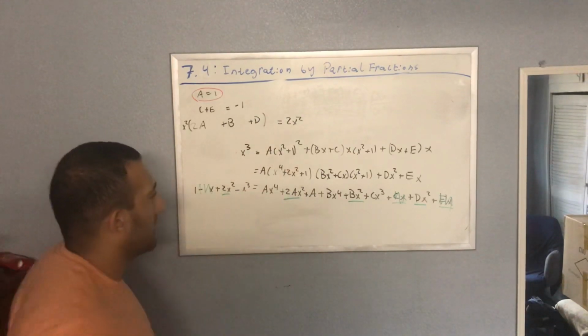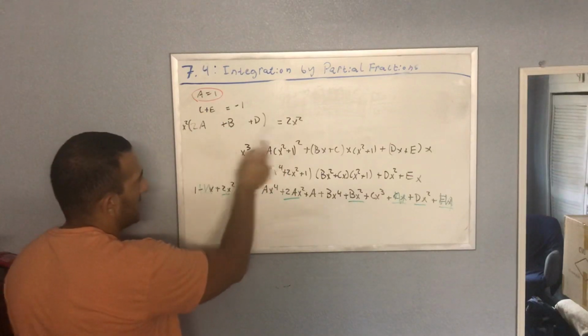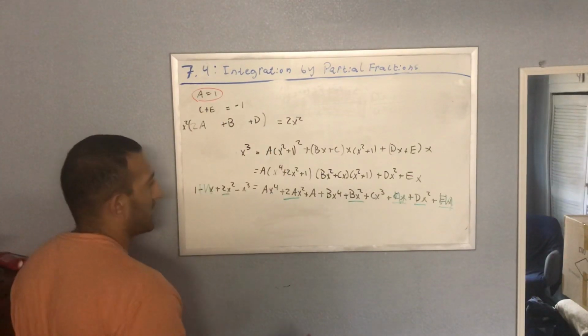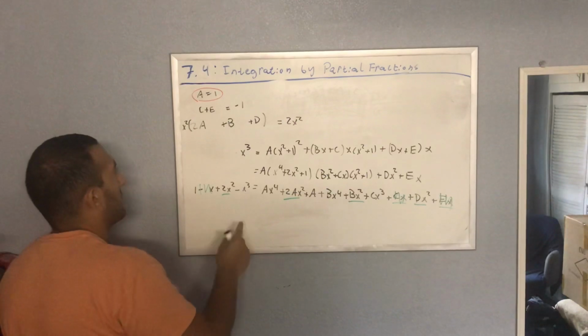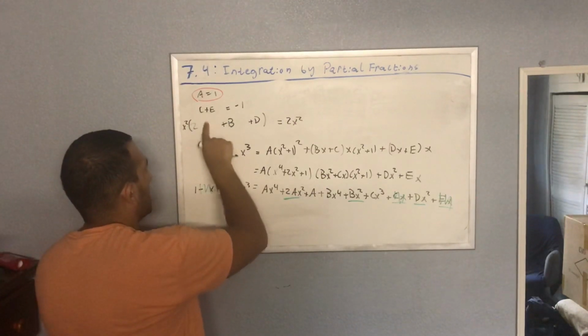So what I mean by you can do this a lot quicker is you can stop writing this whole x squared business and just write the coefficients, or the sum of the coefficients. So we know that 2a, but remember a is 1, so this is just 2.